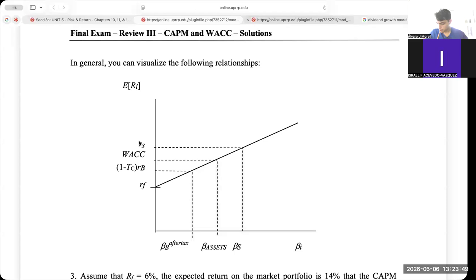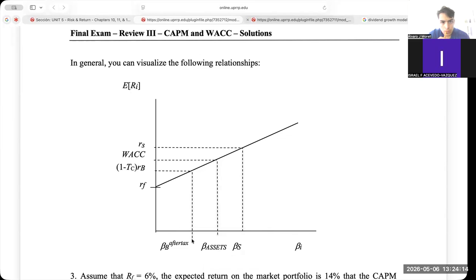So here it is. Given the RS, given the beta of S, we got RS. We can plot RF. This is the axis for the security market line with the expected return on the vertical axis and risk on the horizontal axis.